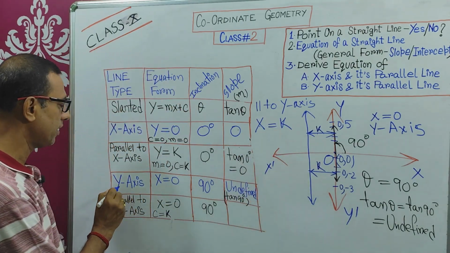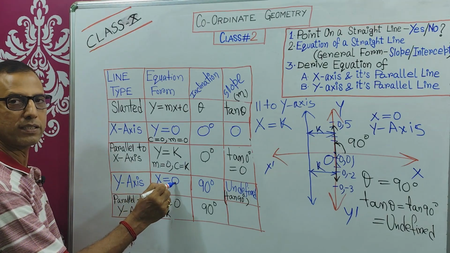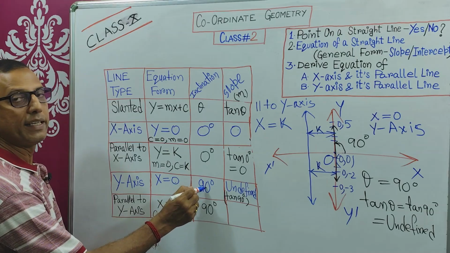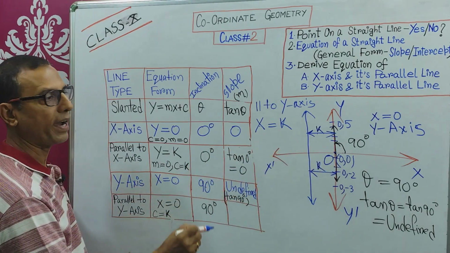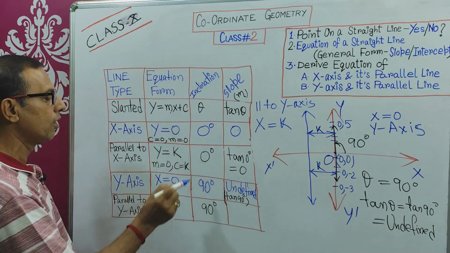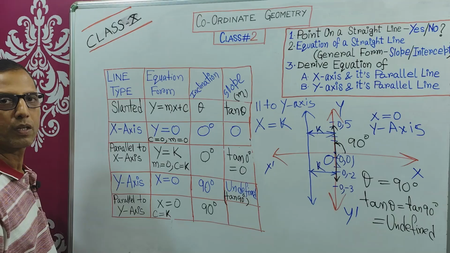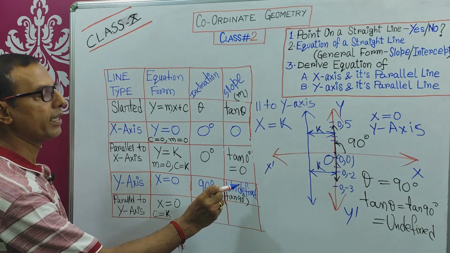So for the y-axis, the equation is x equals 0. The inclination is 90 degrees and the slope is undefined, therefore we cannot utilize the formula y equals mx plus c to find the equation.